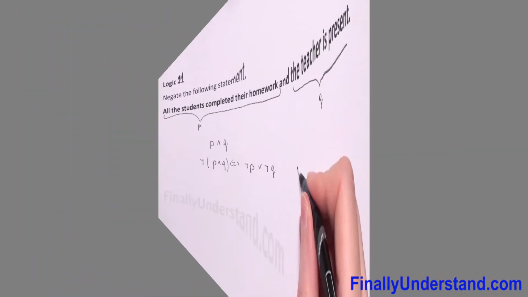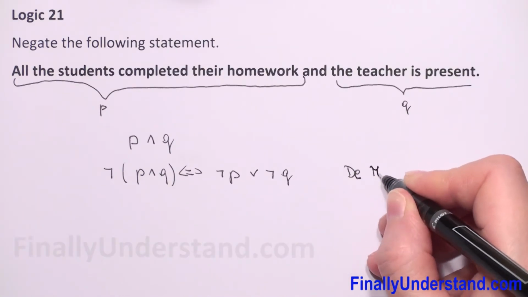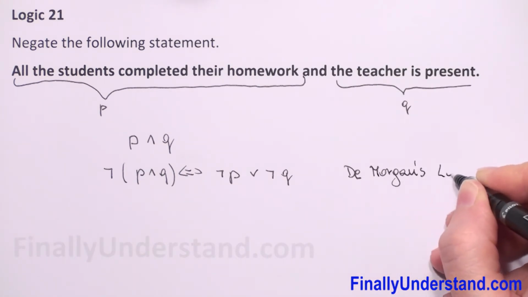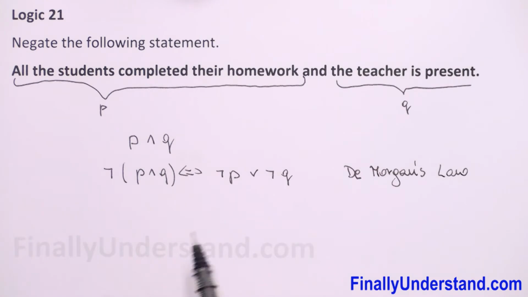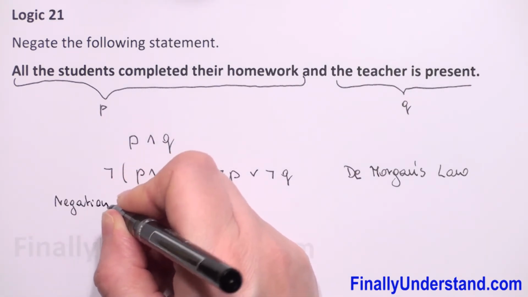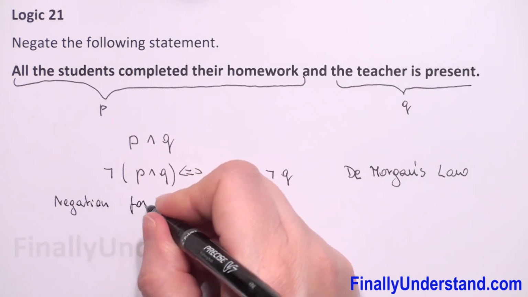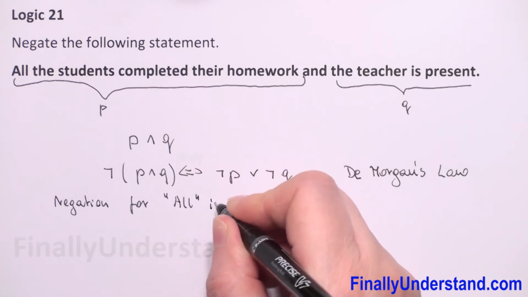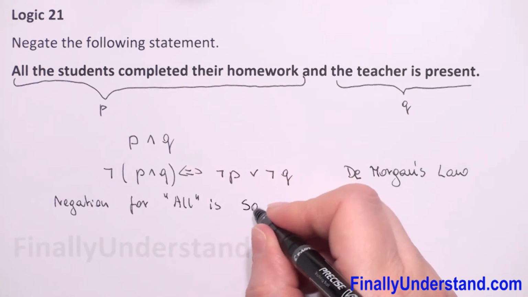So I just use De Morgan's law. So we have not P. Negation of for all is, let me write this, negation of for all is some.